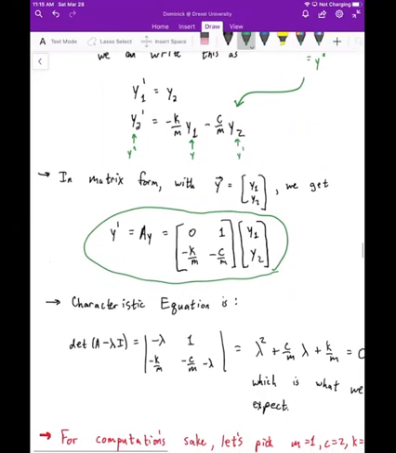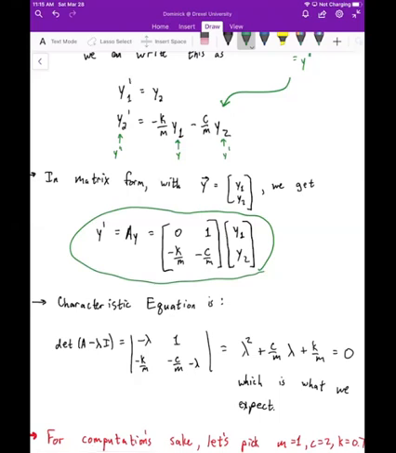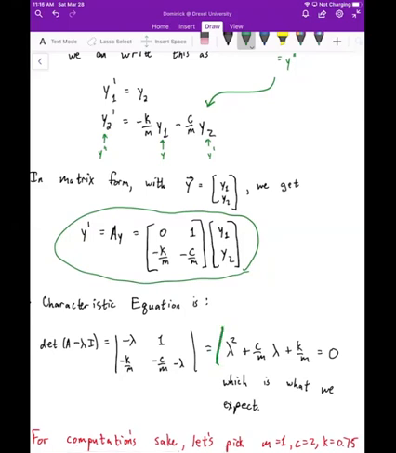So if we do that, we find the determinant of our coefficient matrix with lambda subtracted on the diagonal. And then you can show that your characteristic equation is this, right? Which is what we'd expect. This is what we would find if we were to solve this without using a system, right? If we just assumed that our solution was e to the lambda t or whatever, right? So same thing happening here.